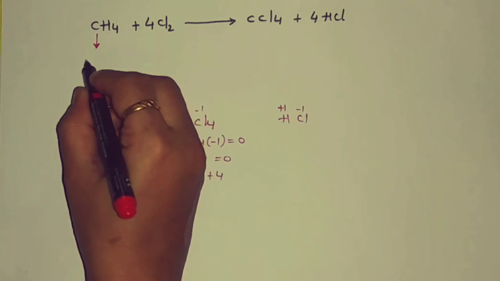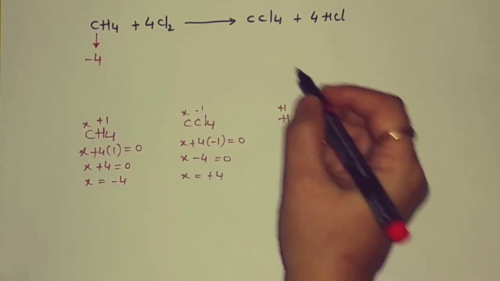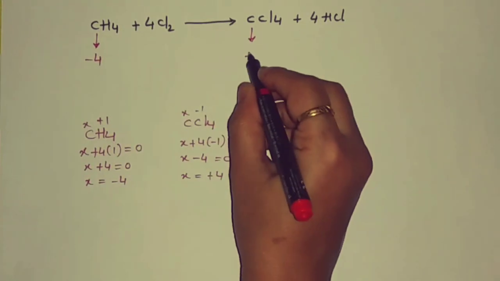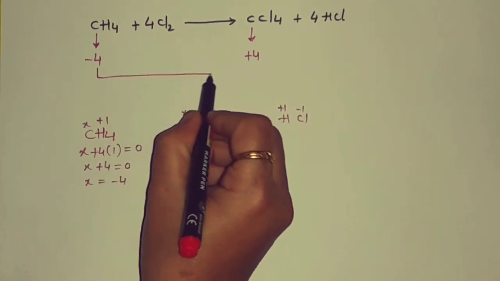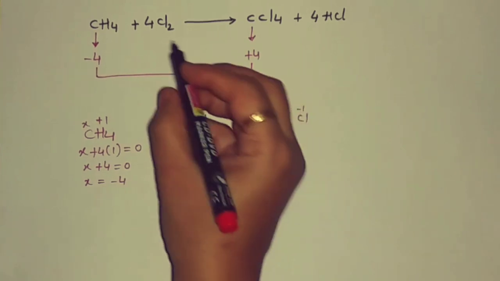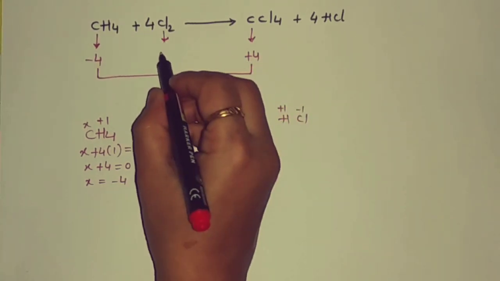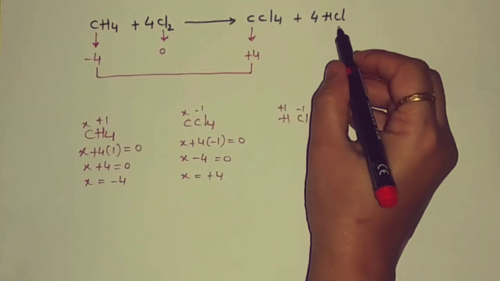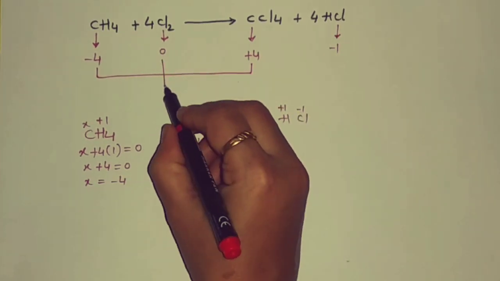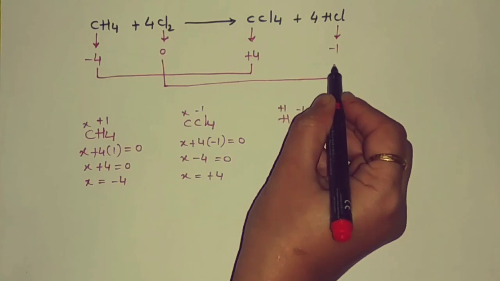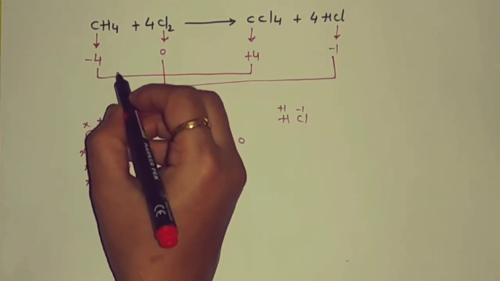So, the oxidation number of carbon in CH4 is minus 4 and that of carbon in CCl4 is plus 4, which indicates an increase in oxidation number from minus 4 to plus 4. Over here chlorine is in free state, therefore 0 oxidation number, and chlorine in HCl is minus 1, which indicates a decrease in oxidation number.